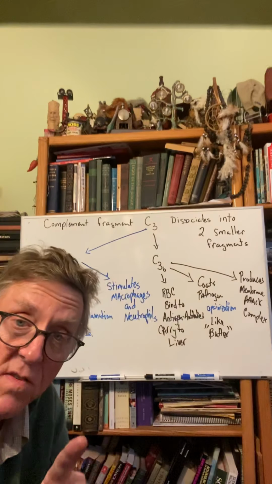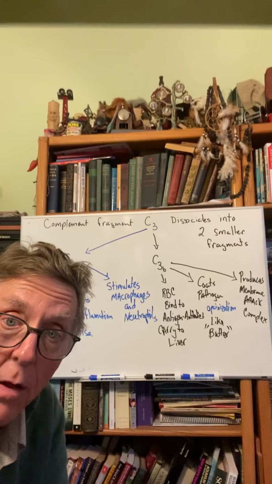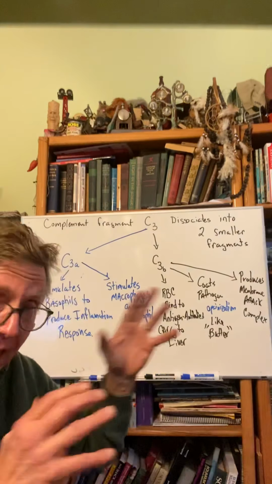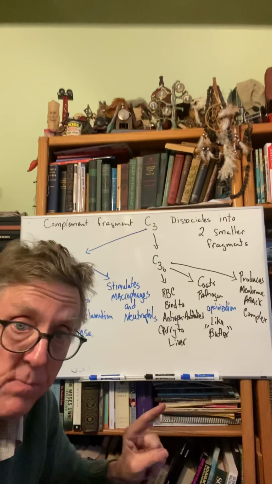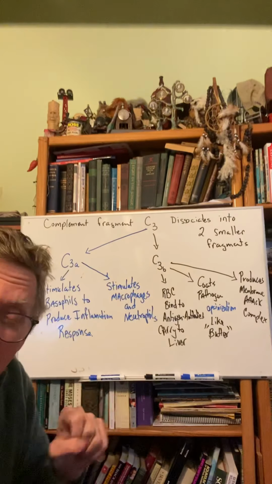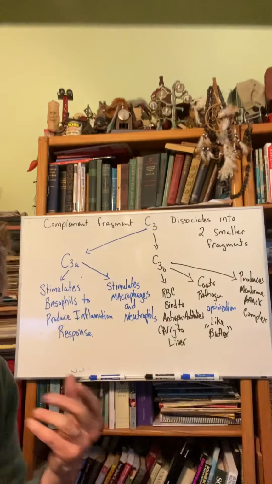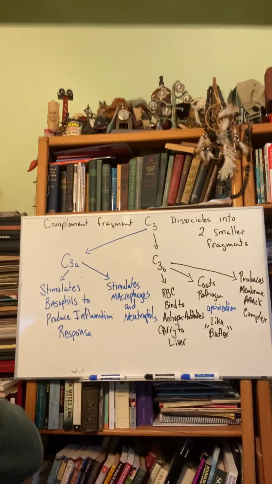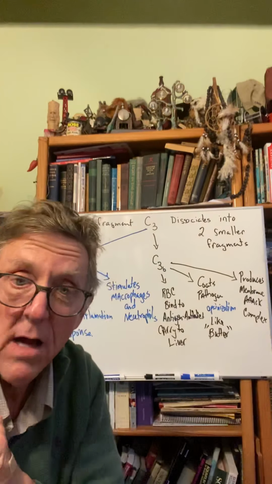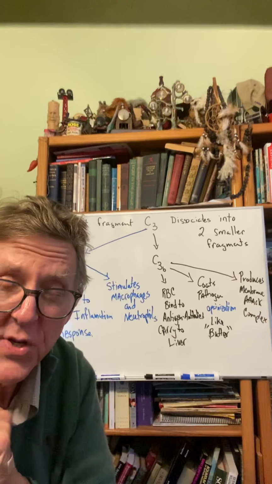What are macrophages? Antigen-presenting cells. So it activates them. It says, hey, start looking around. We've got some trouble here. And then neutrophils. We said neutrophils, they're phagocytic cells as well. So that's two ways that complement helps fight off infections.